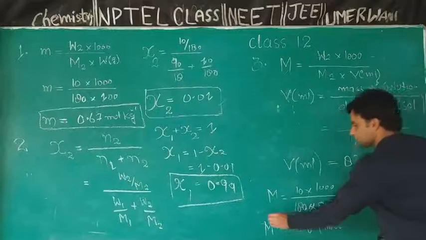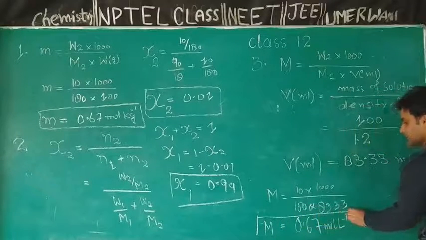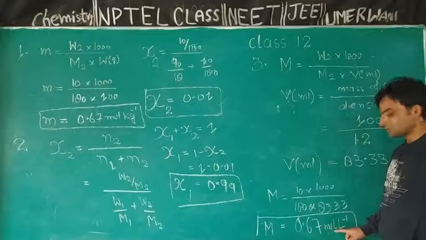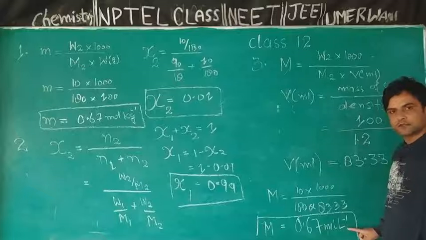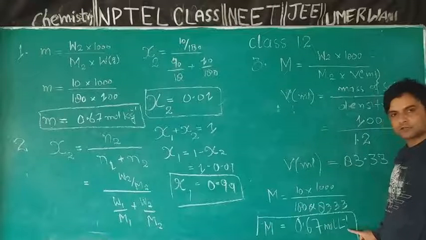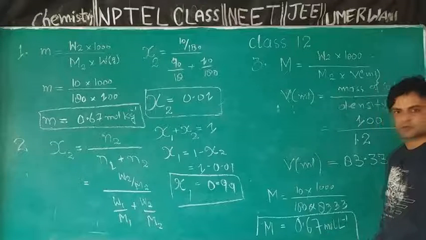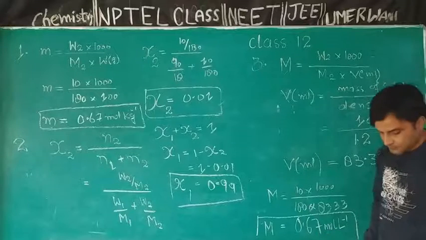Now what is the information? Information is that this solution has 0.67 moles of solute present in its 1 liter. 1 liter of solution or 1000 ml of solution or 1 decimeter cube of this solution has 0.67 moles of solute glucose.